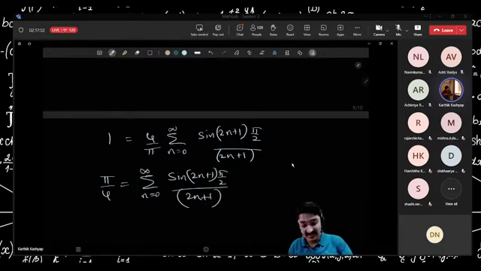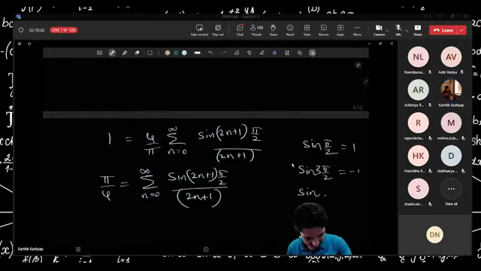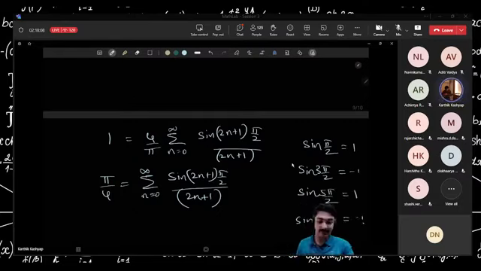Now let's see, sin pi by 2 is equal to 1, sin 3 pi by 2 is -1, sin 5 pi by 2 is 1, sin 7 pi by 2 is -1. So in this case, n is equal to 0, n is equal to 1, n is equal to 2, n is equal to 3.